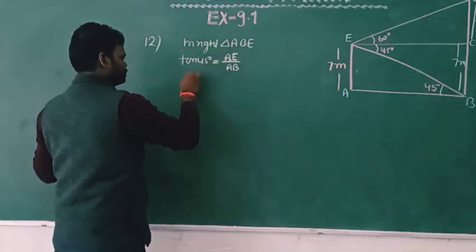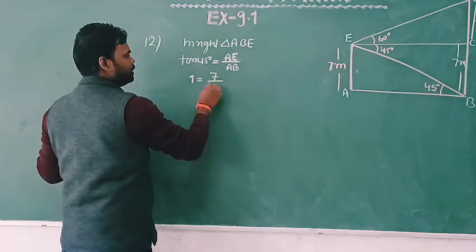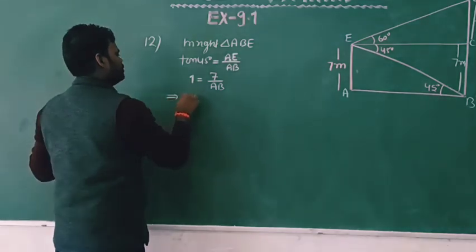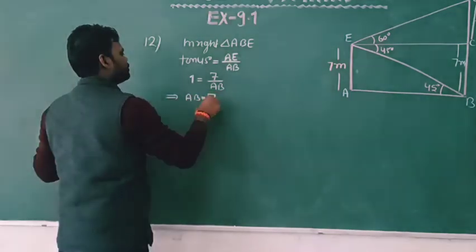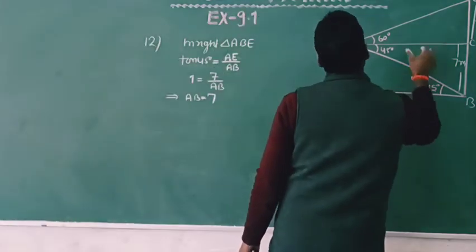This is 1, and AE is 7, so AB equals 7. From the figure, AB equals EC.